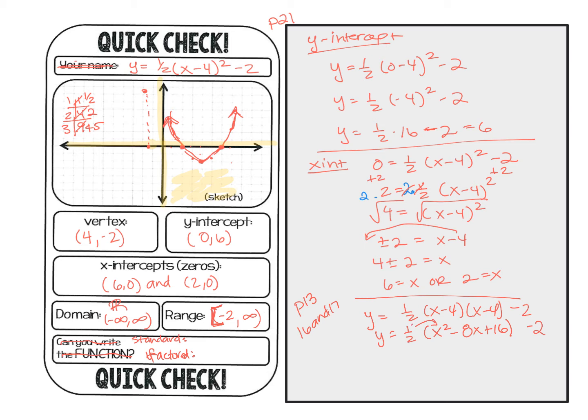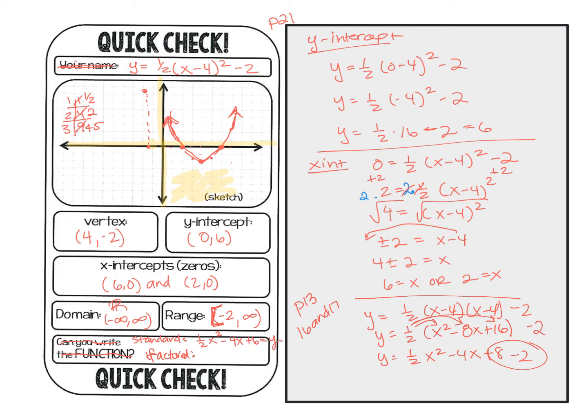So I'm going to distribute my 1/2 into my parentheses, and I'm going to get 1/2 x squared minus 4x plus 8. I still have my minus 2, so I'm going to combine those two. When I write my answer, I have 1/2 x squared minus 4x plus 6 equals my y.